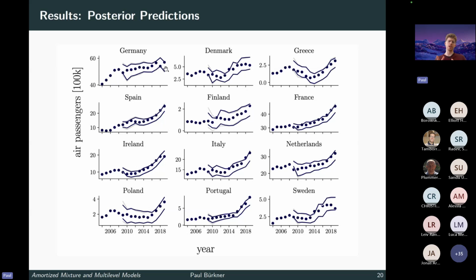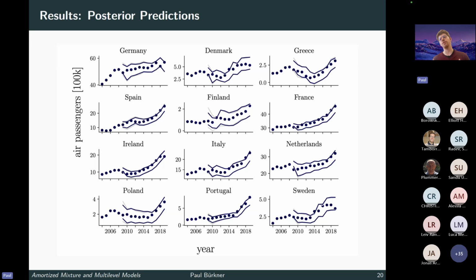So we get predictions through our amortized inference network for all countries, but if we were interested in that, we would also get estimates for the local parameters, and we would get estimates for the global parameters, or like the posterior distribution of the global and local parameters.